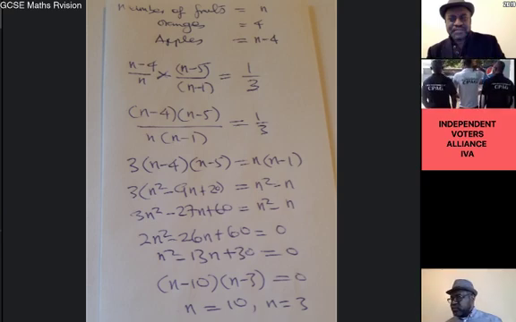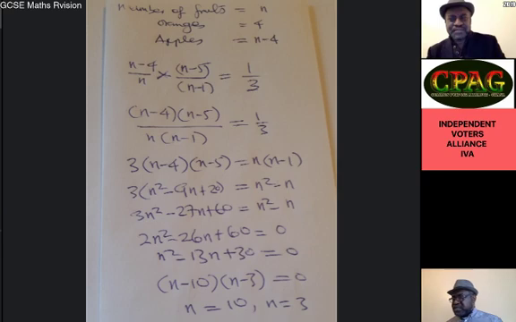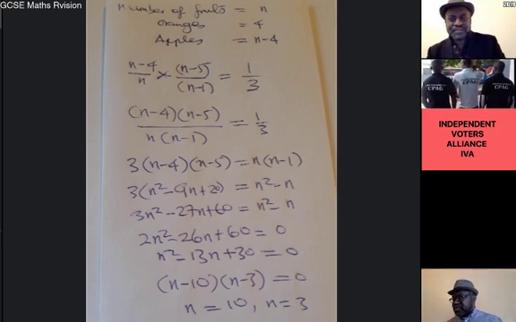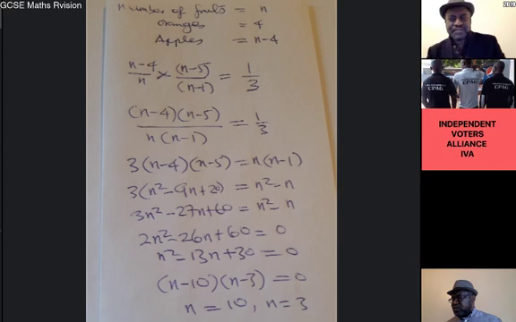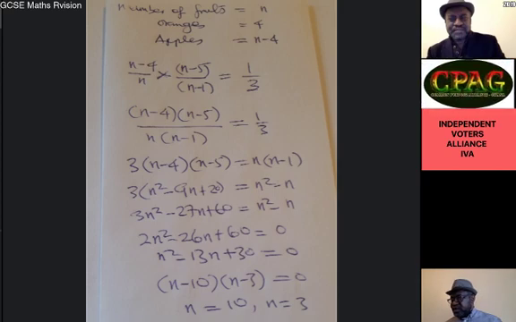Then you remove the brackets, you get 3 times (n squared minus 9n plus 20) equals n squared minus n.